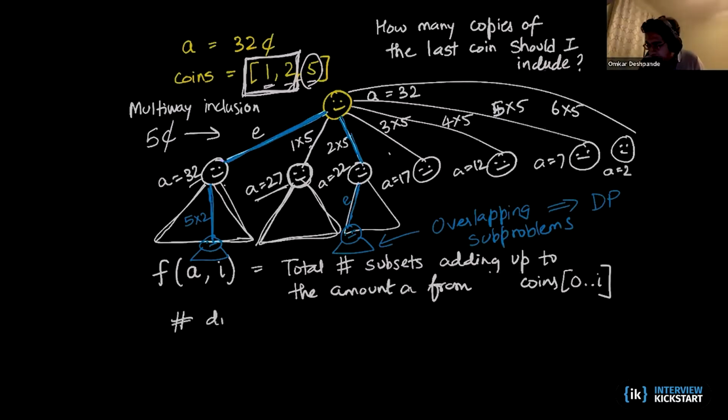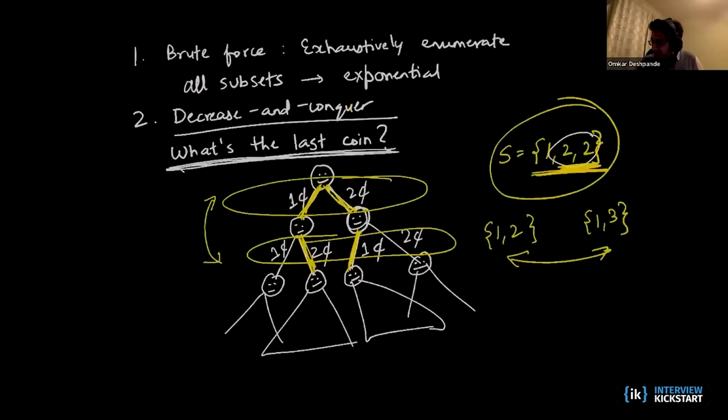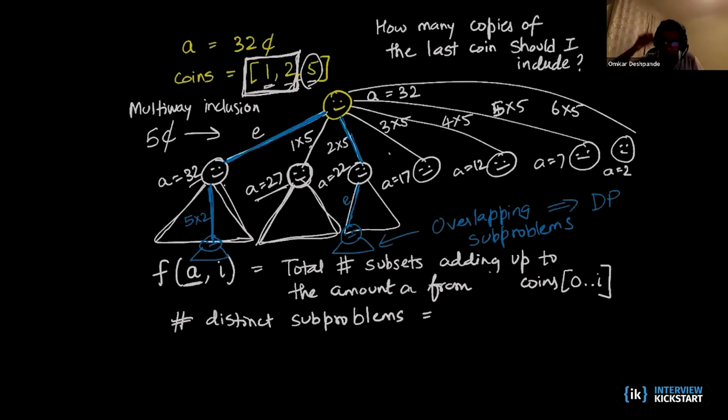The number of distinct subproblems in our dependency DAG is going to be the number of different values that the first parameter can take, which is essentially 1 plus a, because the amount can be the original amount, which was actually a variable called amount, or it could be amount minus 1 or amount minus 2 all the way down to 0.